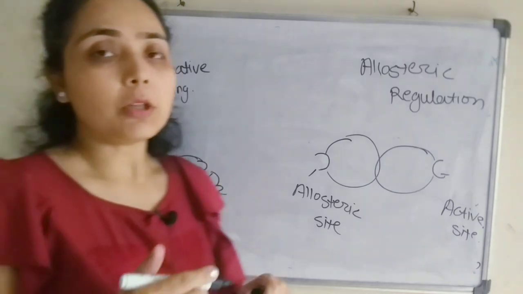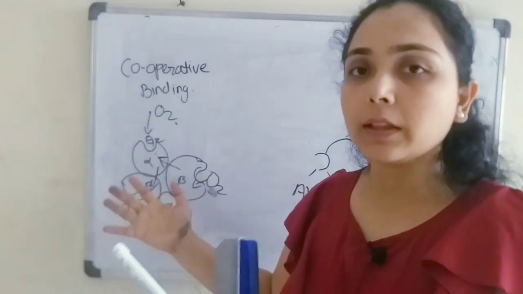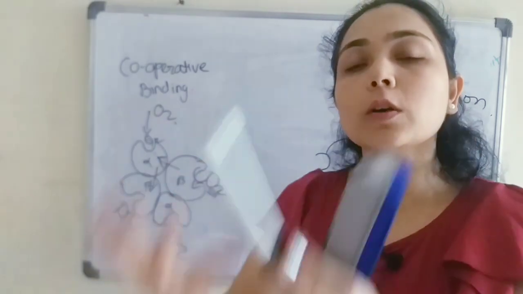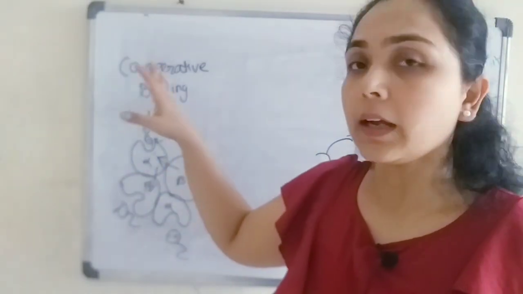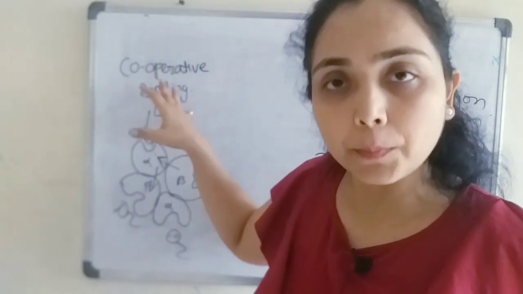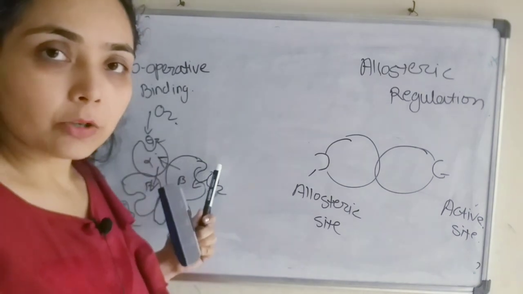So that is how the binding of oxygen to one subunit will have an effect on the others. It means the affinity of hemoglobin towards oxygen will increase and more oxygen molecules will bind here. So this is the cooperative binding or the cooperative effect. Here only one site is involved, that is the active site.